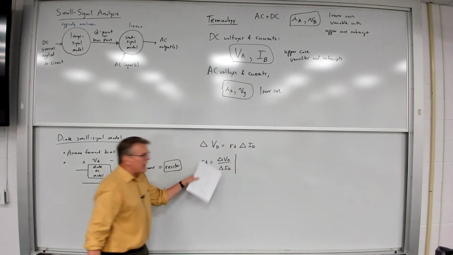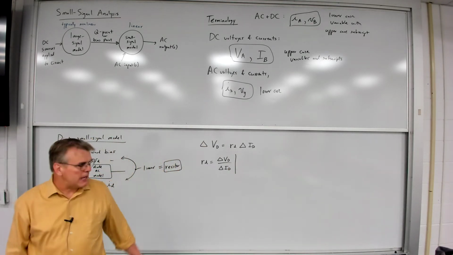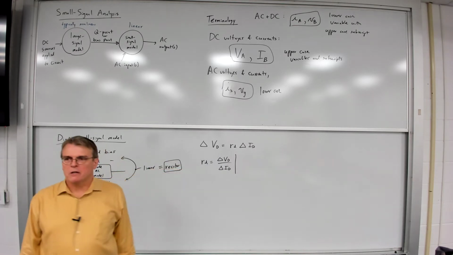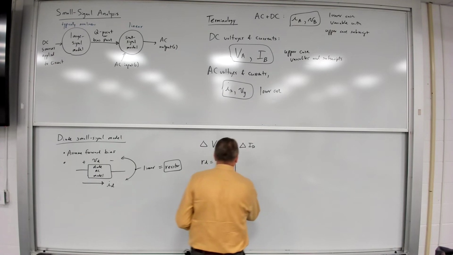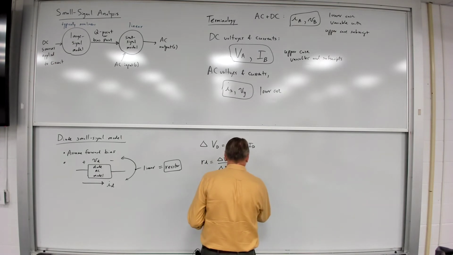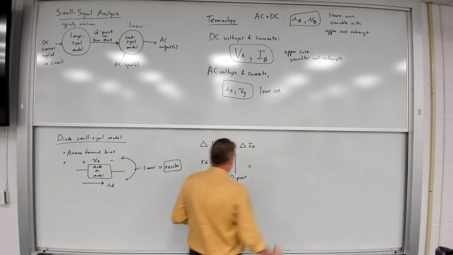We want to see how this resistance behaves as we vary the voltage and current around a particular Q point. So we want to evaluate those at a Q point.